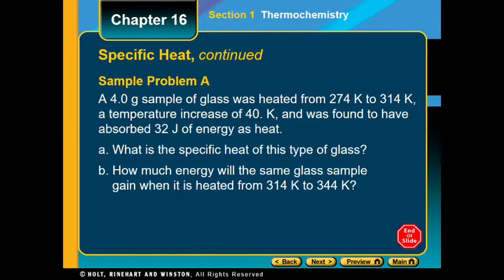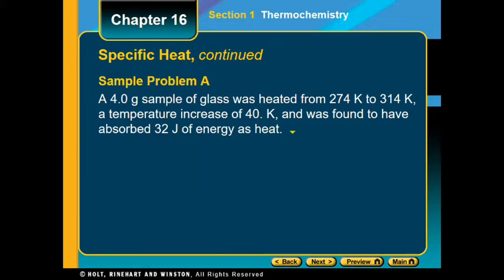So let's get started on the math. Part A was, what is the specific heat? So I'm going to write down the equation for specific heat. C sub P is equal to Q over M delta T. We have the mass is 4 grams. We already have delta T, which is 40 Kelvin.